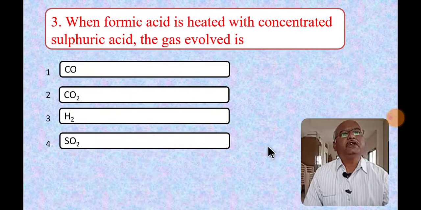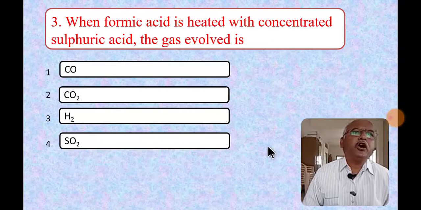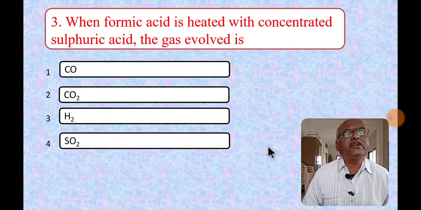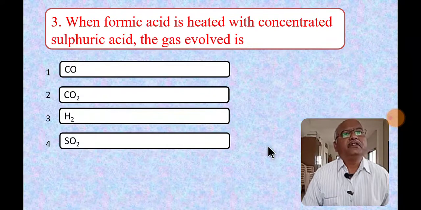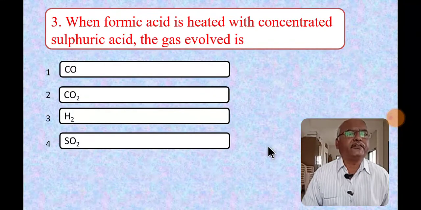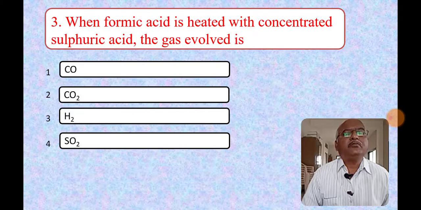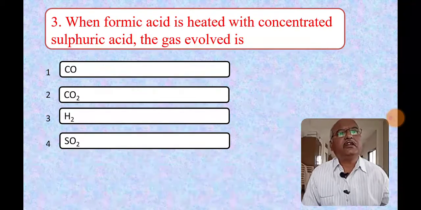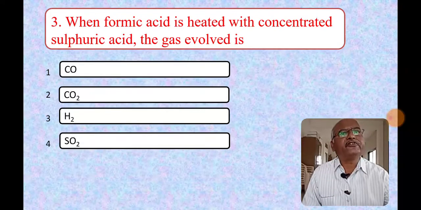Third question, when formic acid is heated with concentrated sulfuric acid, the gas evolved is carbon monoxide, carbon dioxide, hydrogen or sulfur dioxide.